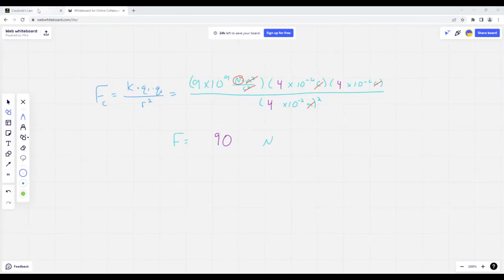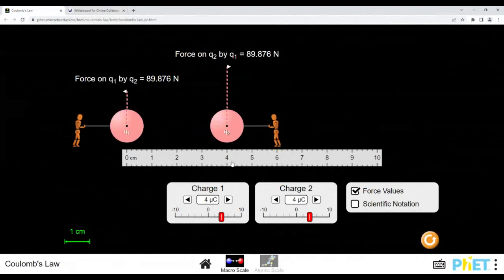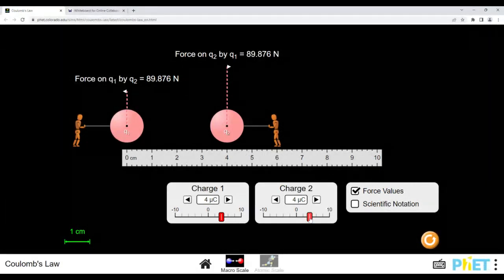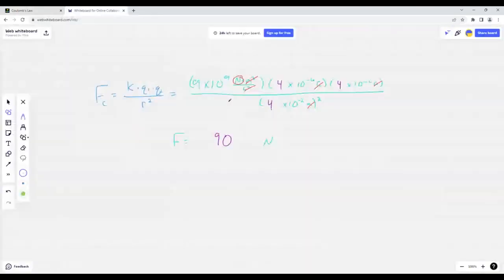Okay, then in the next one, we want to change one of the charges to 8 microcoulombs. So this is still 4, that one's 8, so now we've doubled this up. And so if we look, 179.751. And if we think about this, this should make sense. It should be easy to predict what's going to happen here.